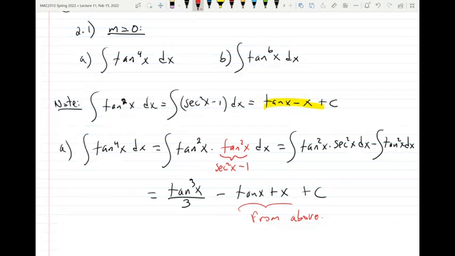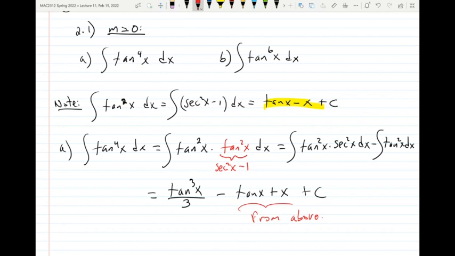How did you get the tangent cube? Okay, so this is the same idea that we did in the previous problem above. It's making a little use of u-substitution. So how would you do this integral? You let u equals tangent, and du is secant squared. So this would be u cubed over 3, but u is tangent.